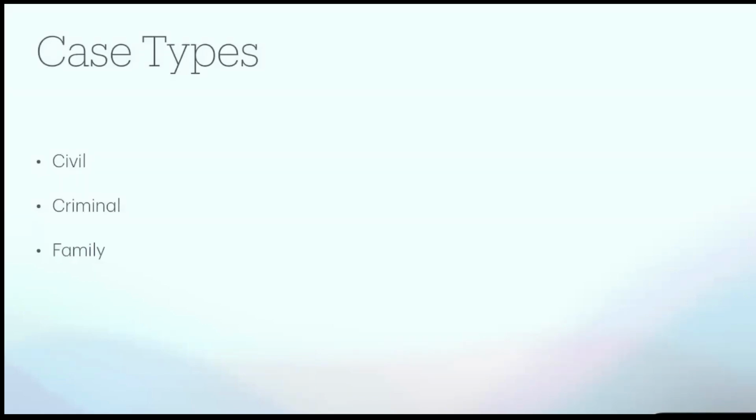Civil means whenever we have any disputes between persons, a breach of contract, breach of trust, performance of specific relief, declaration of title, recovery of possession. All these types come under the civil category.